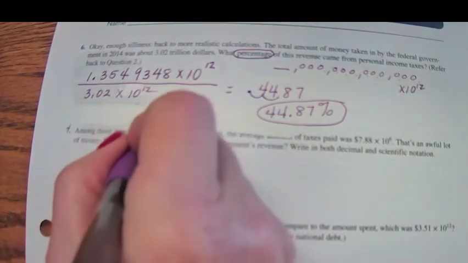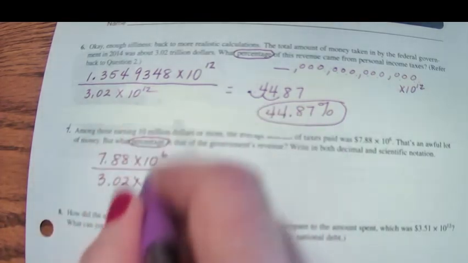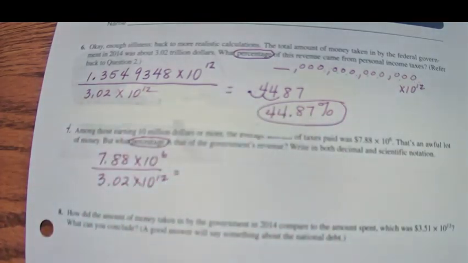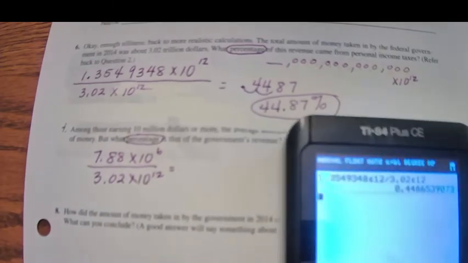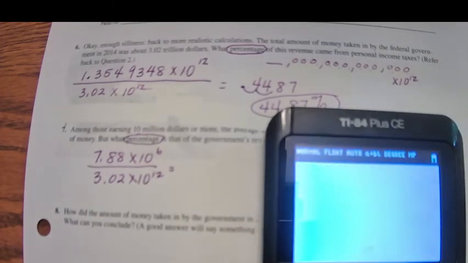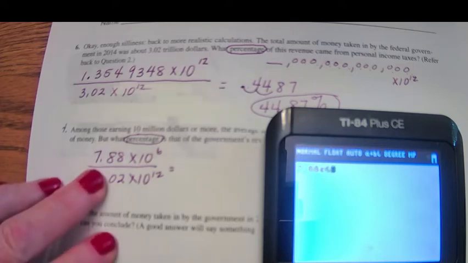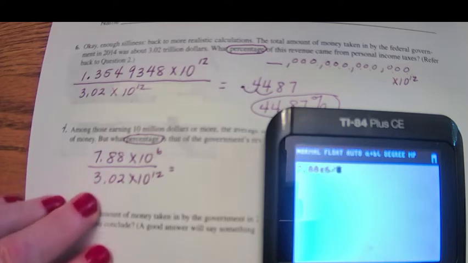And again, the question is percentage. So the first thing we're going to do is find the answer as a decimal, and then we're going to move the decimal places over 2. So what is 7.88 times 10 to the 6th divided by 3.02 times 10 to the 12th?